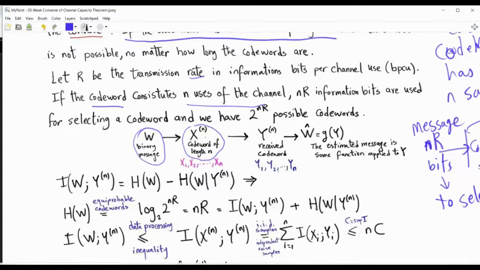Okay, so now let's measure the mutual information between W and Y. Our code word is what is on the channel, but it is selected using a binary message.